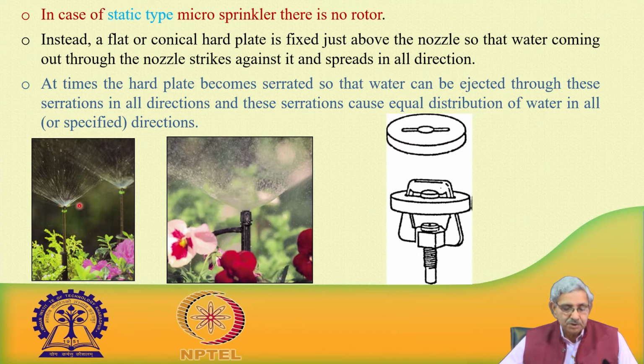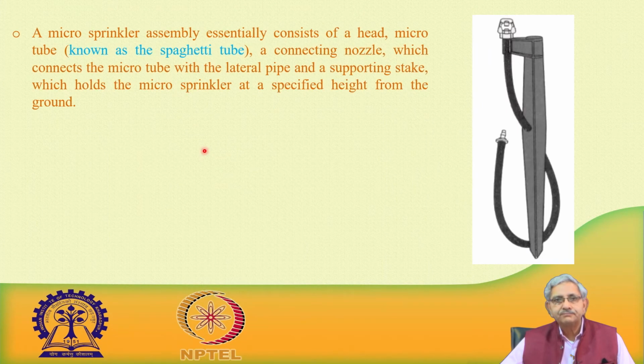This is what you see, how the water is coming out on the top. So, water is getting distributed all throughout. There is equal distribution of water in all directions, or for a particular specified duration. Maybe at certain parts it is kept open and at certain parts it is closed, so it may be used for half the circle, 1/4 of the circle, or full circle.